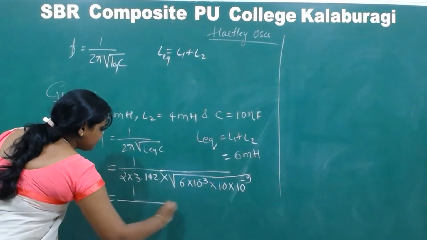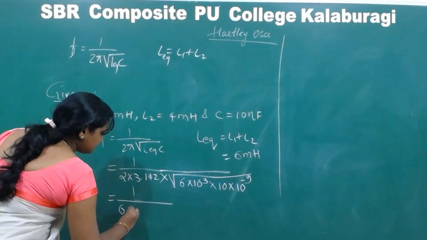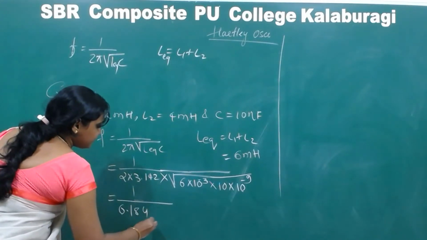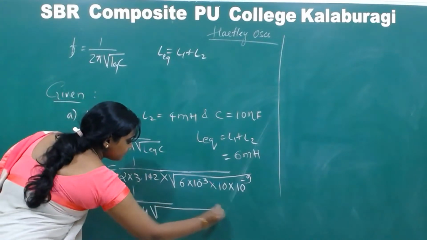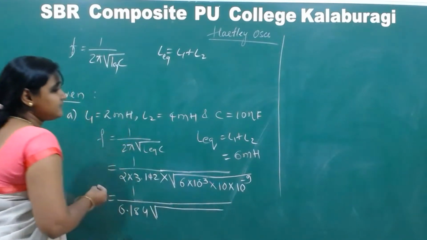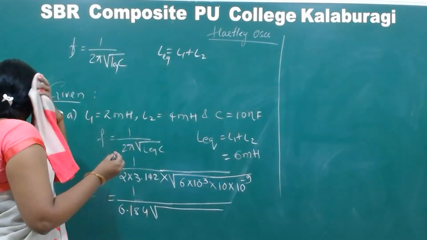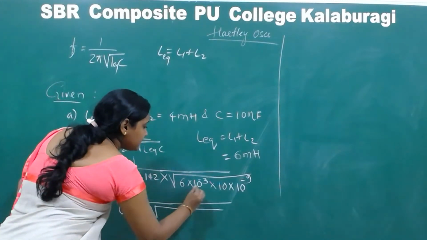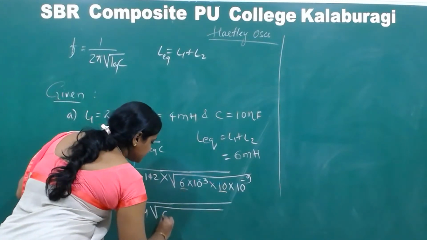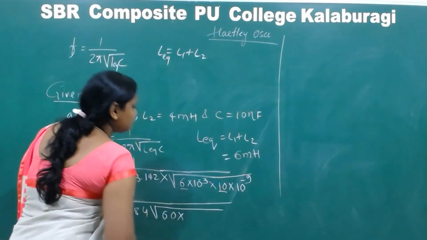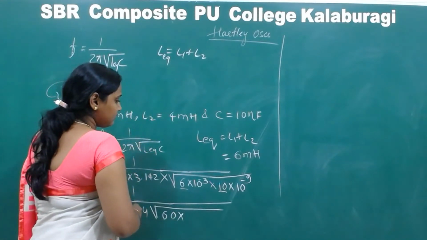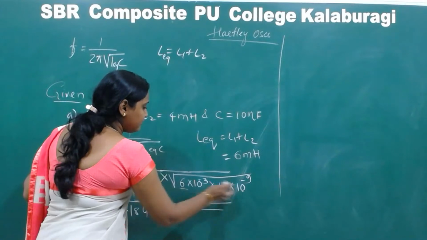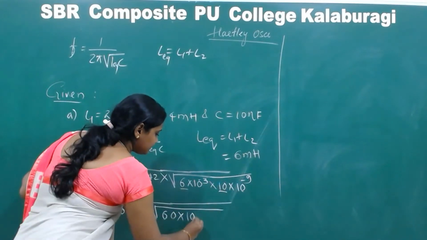That is going to give you 6.284 into, we have to make the power an even number, 6 into 10 is 60 into 10 to the power of minus 12.